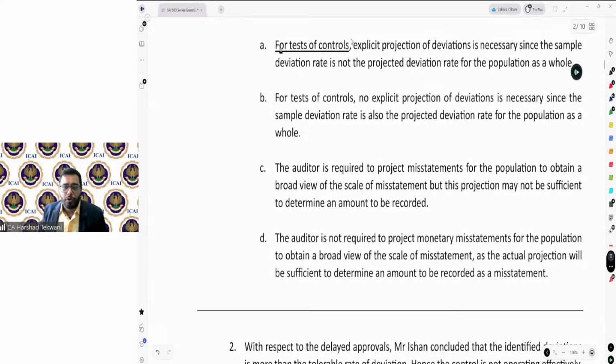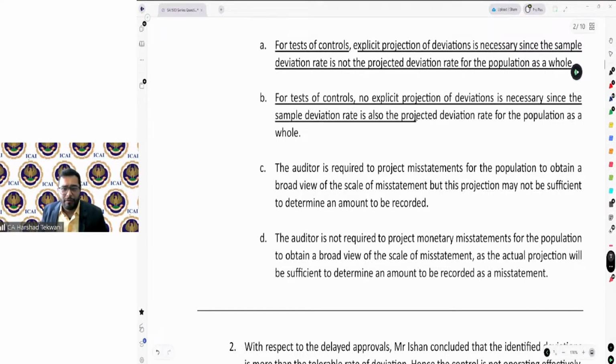For the test of controls, explicit projection of deviation is necessary since the sample deviation rate is not the projected rate of deviation for the population as a whole. For the test of control, no explicit projection of deviation is necessary since the sample deviation rate is the projected deviation rate for the population as a whole.